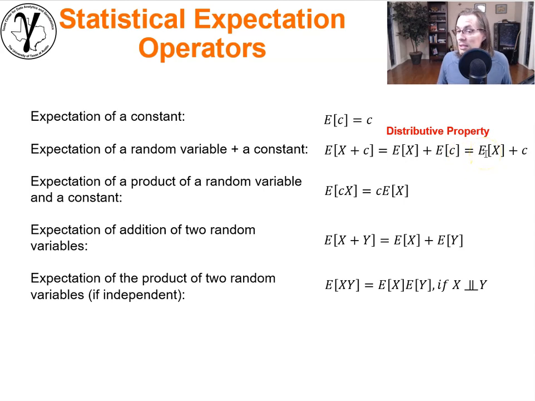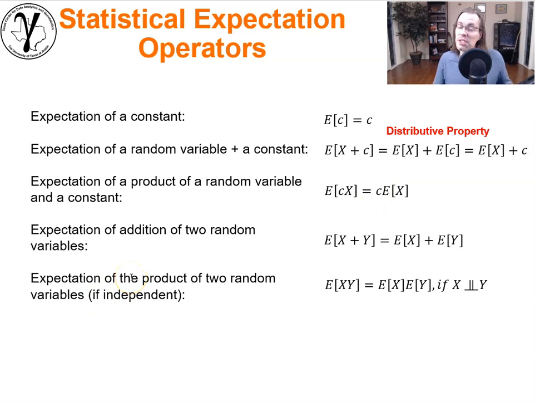And so the result is the expectation of a random variable plus a constant is just equal to the expectation of the random variable, and then just add the constant in. The expectation of a product of a random variable and a constant, well, look at it. We can just go ahead and take the constant value and pull it out, put it in the front. And so the expectation of a constant times the random variable is just the constant times the expectation of the random variable. Very, very helpful.